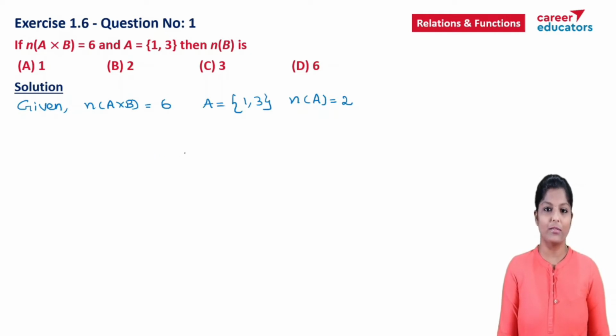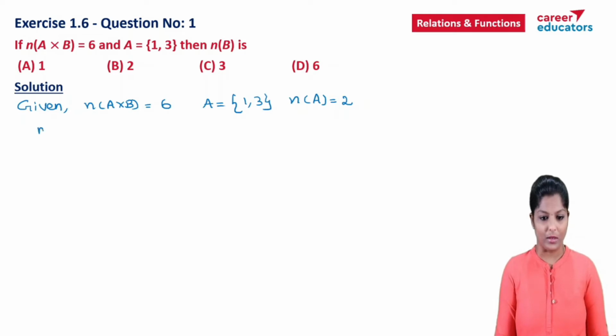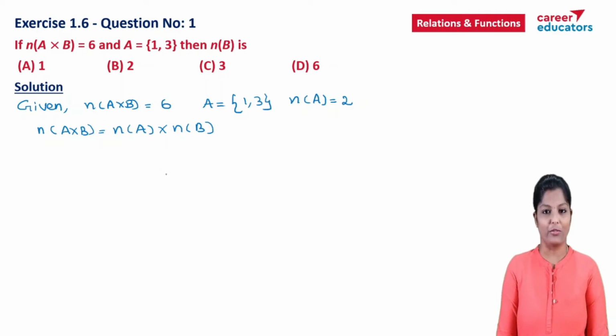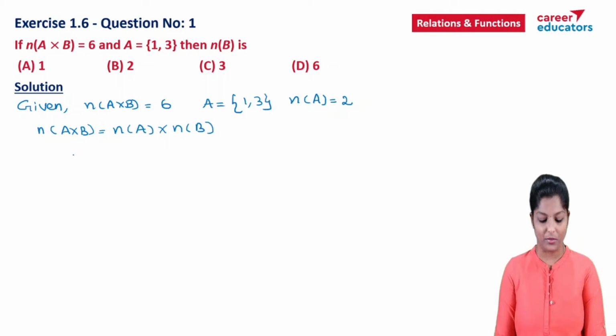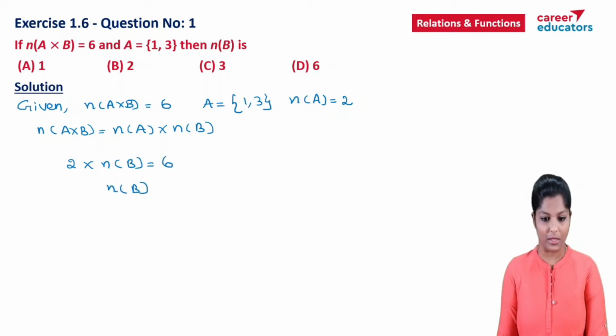We can find the value of n of B using the following statement. n of A cross B equal to n of A into n of B. Here we have to substitute the values of n of A cross B and n of A. If we substitute, we will get 2 into n of B equal to 6. n of B equal to 6 divided by 2.